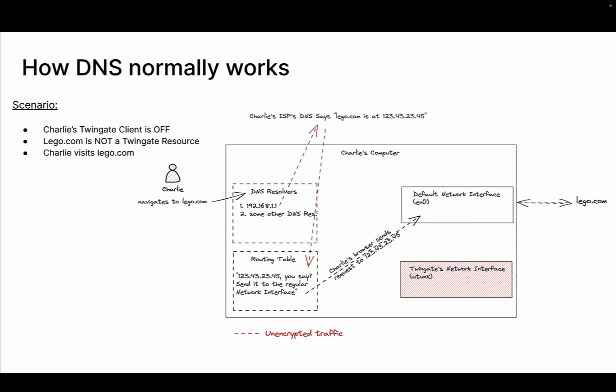That's usually an ordered list, and so if you're connected over Wi-Fi at home, there's a good chance that your primary DNS resolver, as known to your operating system, is the resolver that lives with your router.